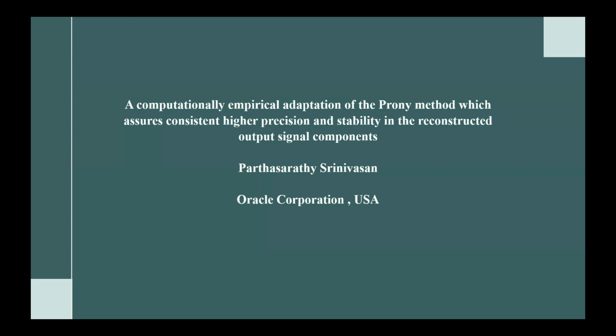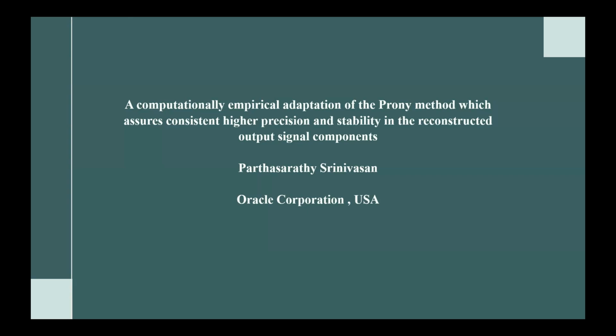So, just a brief preview of what I'm going to be talking about today. My talk is entitled, I have adapted the Prony method computationally, in which the Prony method is very computation intensive, and I considered this problem: the Prony method has to be modified so that the precision of the computation is better.